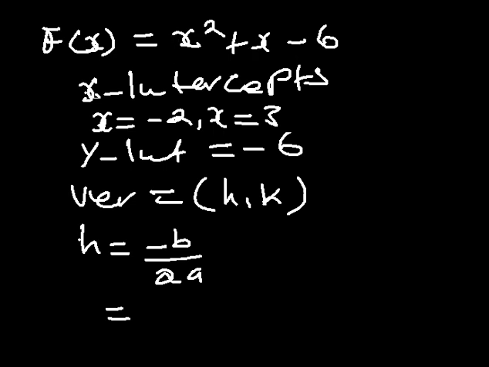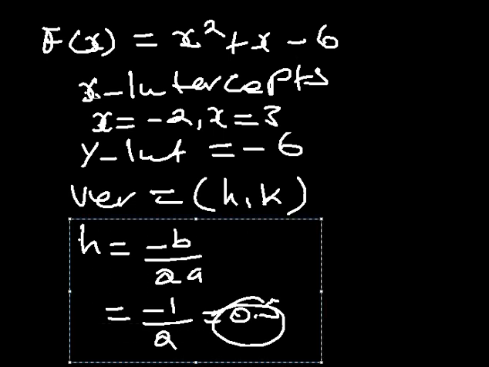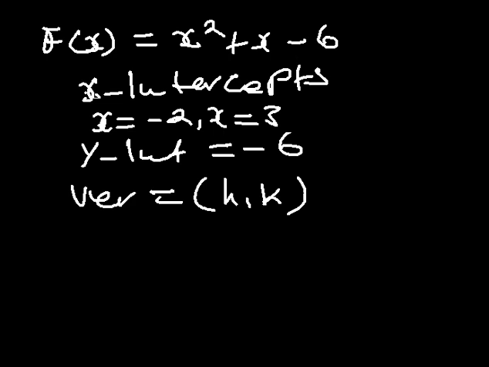So we'll have negative 1 divided by 2, which is the same as 0.5. So h is given as 0.5.